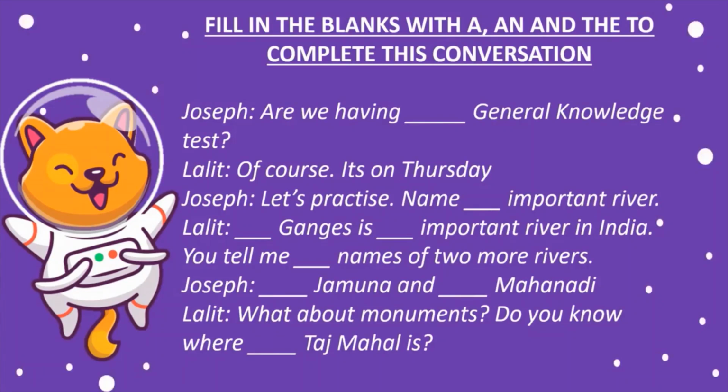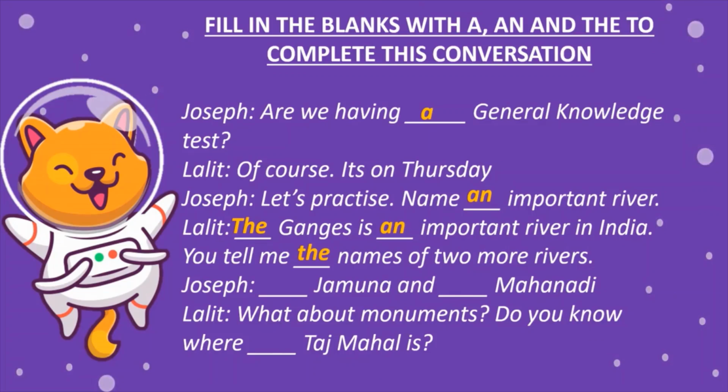Fill in the blanks with a, an and the to complete this conversation. Joseph says, are we having a general knowledge test? Lalit says, of course, it's on Thursday. Joseph says, let's practice. Name an important river. Lalit says, the Ganges is an important river in India.